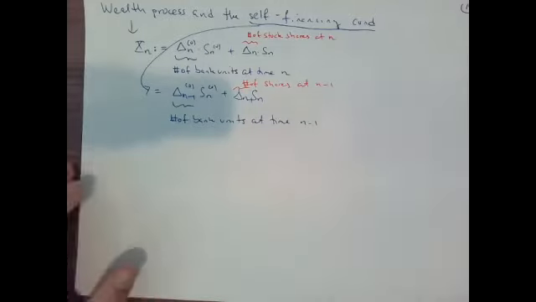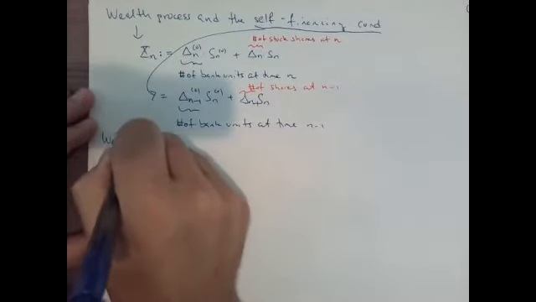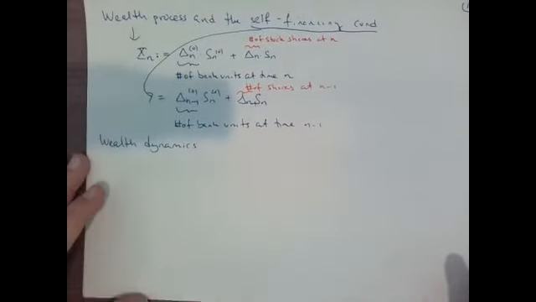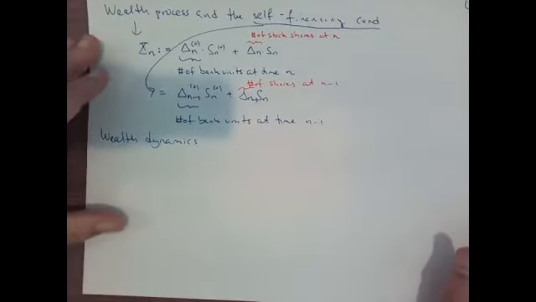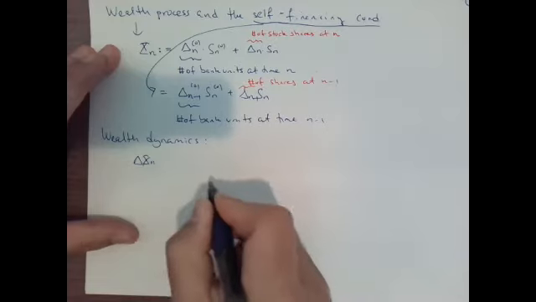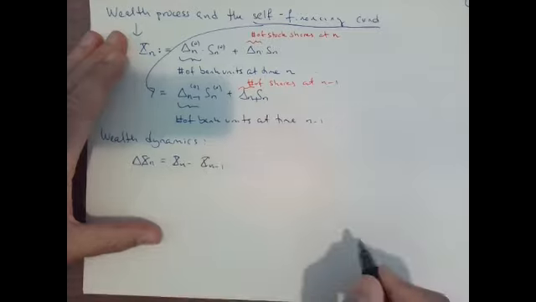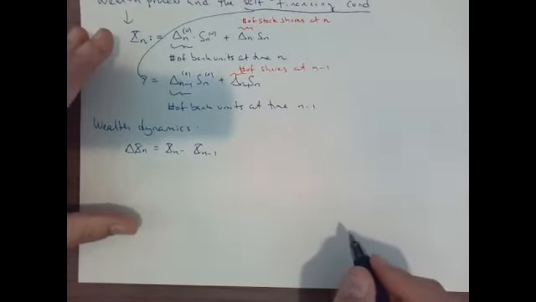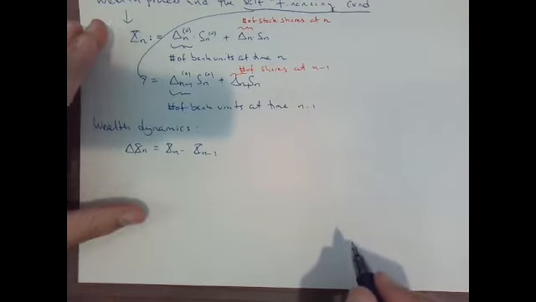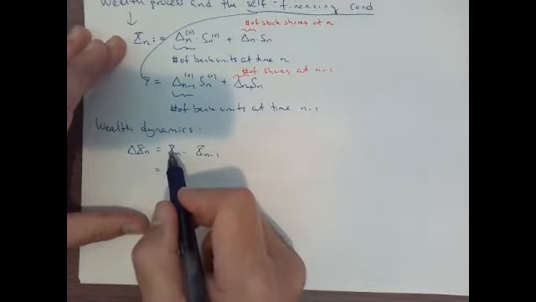Okay, so now we're going to look at the wealth dynamics. This will be my delta xn. This is equal to xn minus xn minus 1. I'll use the definition of what it means to be self-financing.